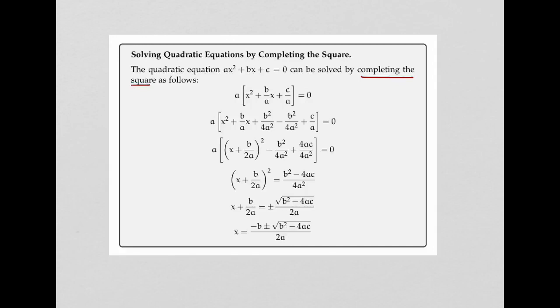Step 1, you factor out the coefficient a of x squared. Next, you look at the coefficient of x. That's b over a.